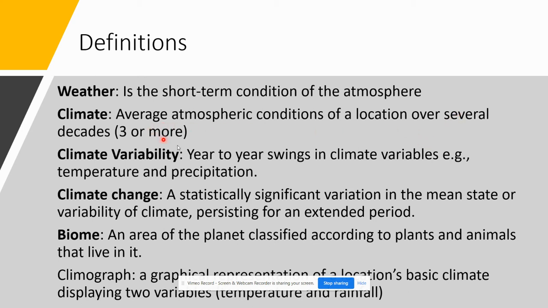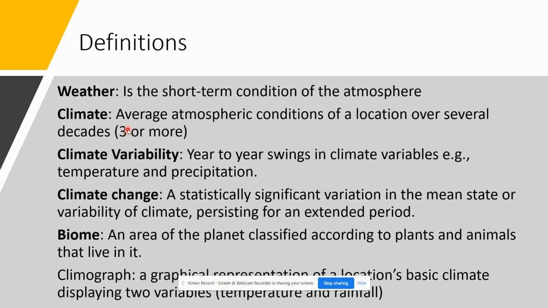If you consider 3 or more decades of weather patterns, if your time range is about 3 to 4 decades, then you can call it climate.